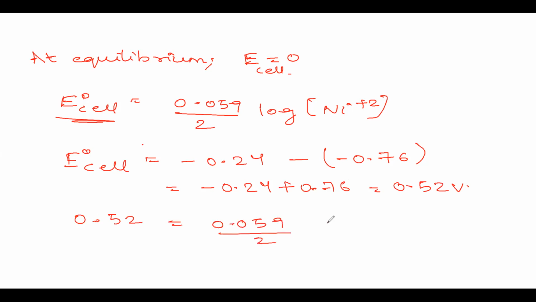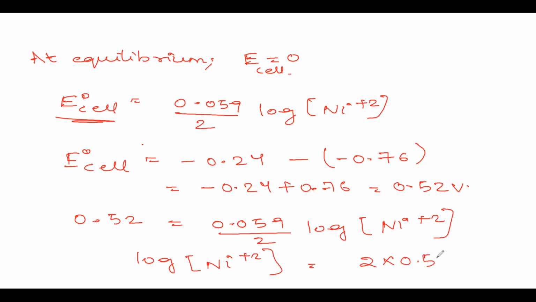Next, substituting this, 0.52 is equal to 0.059 by 2 times log of Ni plus 2. Zinc is given as 1 molarity, so no need to write that. By substituting this, log of Ni plus 2 is equal to 17.62.